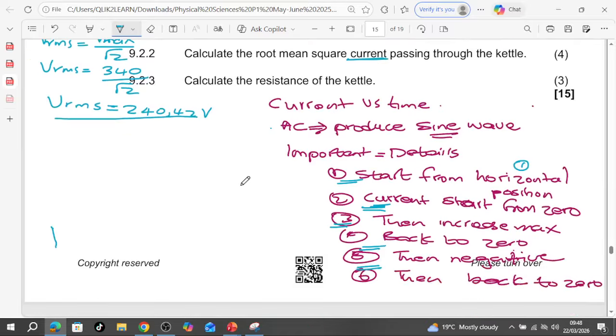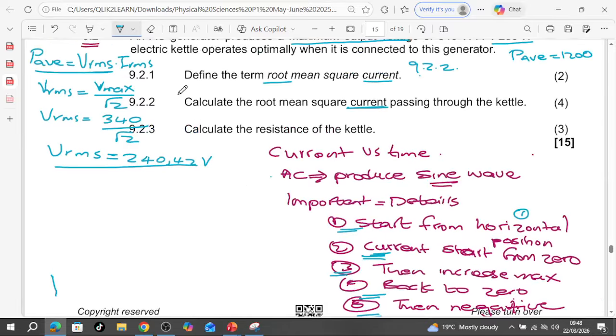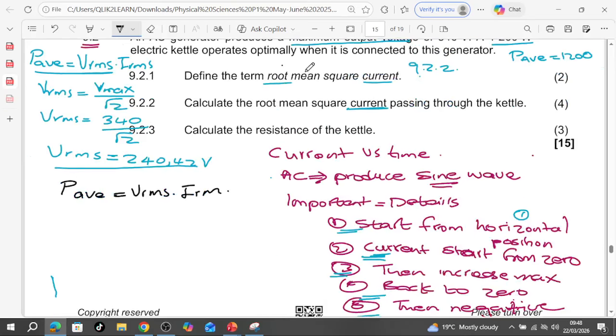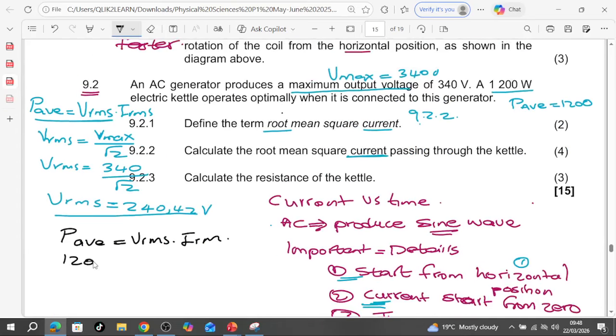So I have this, I can substitute it back into this original equation to find my root mean square current. So let's quickly do that. P average is equal to VRMS times the current. Let's do the substitution. The P average was given as 1.2 kilowatts, if you still remember. So this will be 1200. It's equal to VRMS, the one that we calculated as 240.42, multiplied by IRMS.